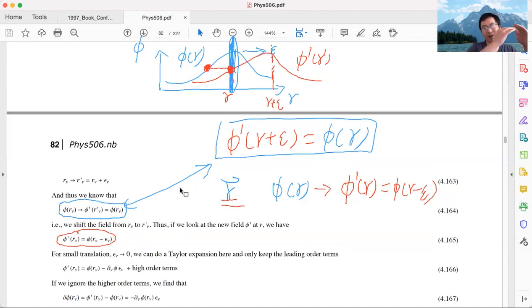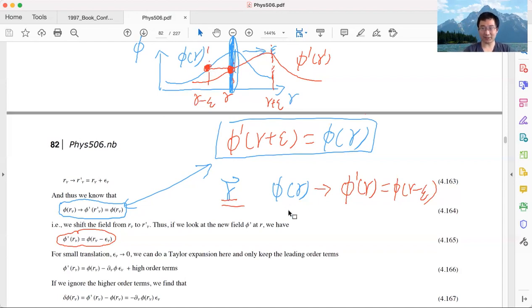Okay, if I move my function this way and I look at the same point, then the value at this point actually decreases. And how much does it decrease? It decreases to the value at the point r minus epsilon. This is r minus epsilon. Okay. So the value becomes the value at r minus epsilon.